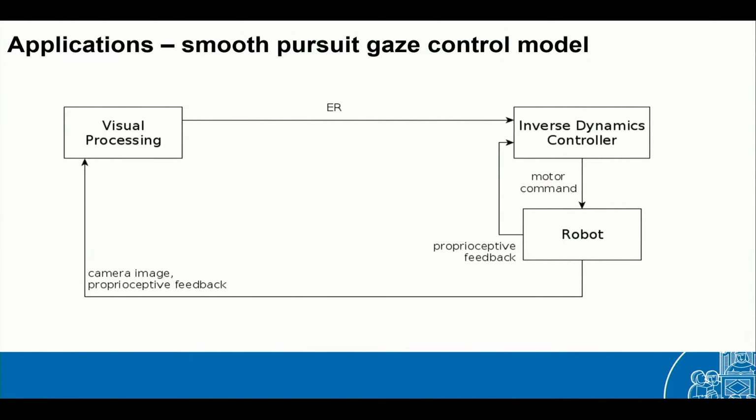In order to implement this smooth pursuit, actually, we started from a simple controller where we have the visual processing, so we compute the position of the target on the retina, and we have this inverse dynamic controller, which actually is basically the activity of the cerebellum, which can control the eye plant and try to follow a target.